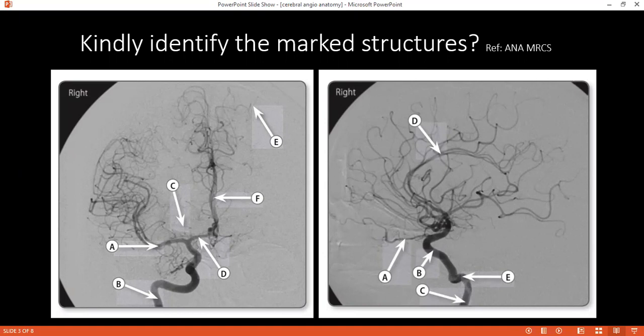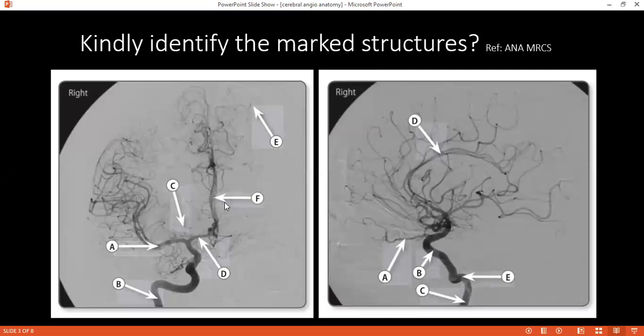Yes, ma'am. A is ophthalmic artery, and B is internal carotid artery, and C is anterior cerebral artery, and F is middle cerebral artery, and E will be frontal arteries.